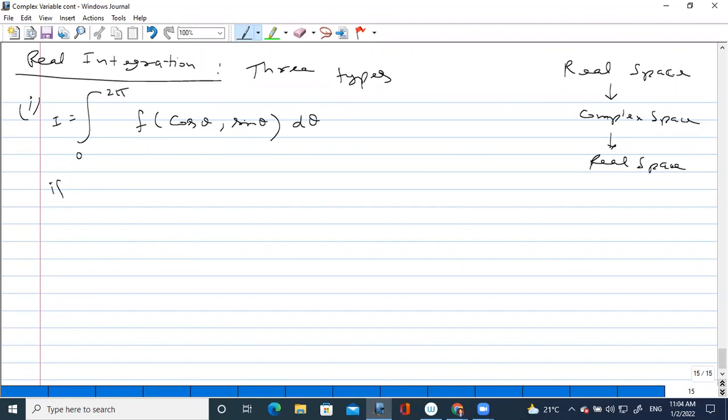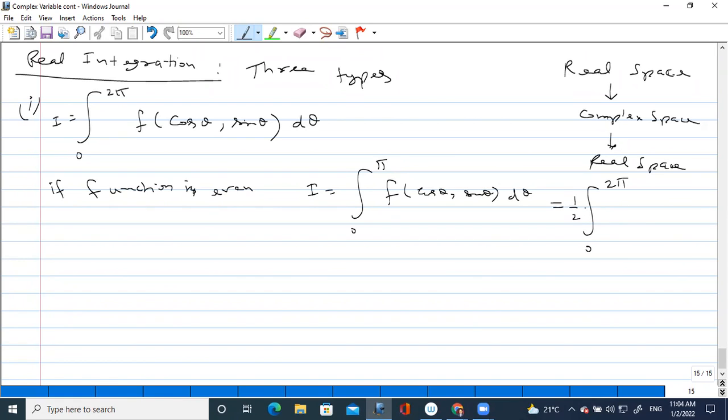If the question is like this, 0 to pi and function of cos theta, sin theta, then it can be converted to 1 by 2 of the integral from 0 to 2 pi of the same, f of cos theta, sin theta d theta. So this is one type of problem we will face.